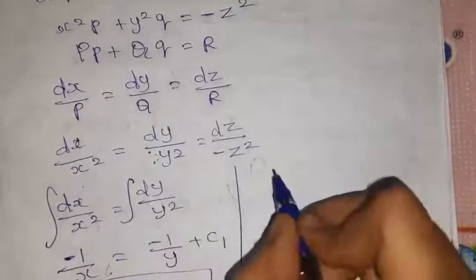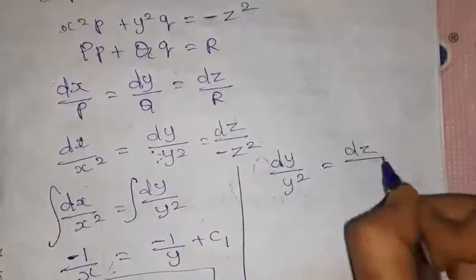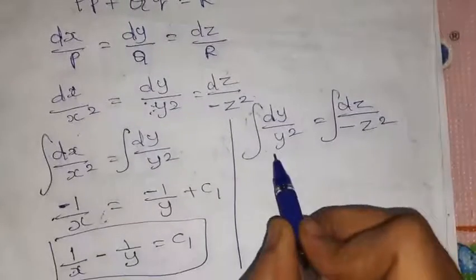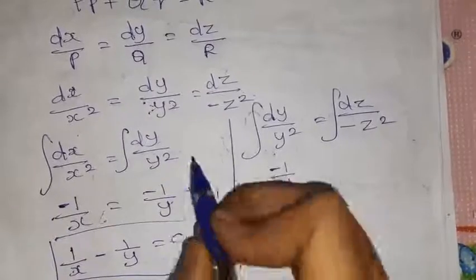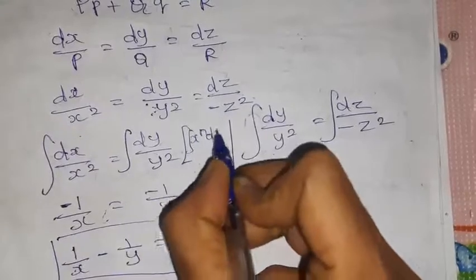Second and third ratio: dy by y squared equal to dz by minus z squared, right? On integrating both sides, what will we get? dy by y squared is nothing but minus 1 by y. Previously we have solved this; I am not writing in detail.